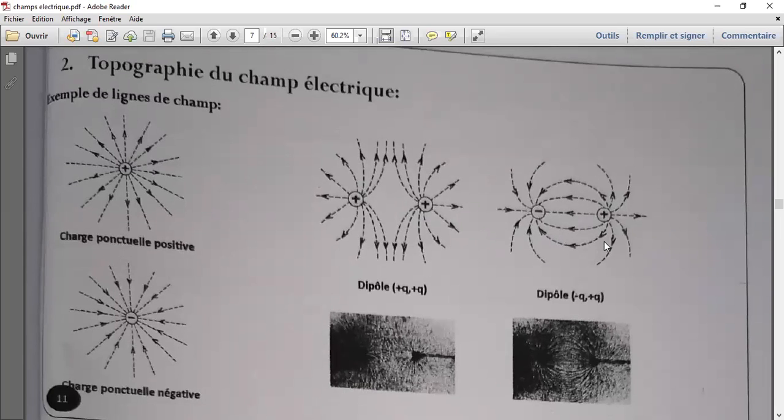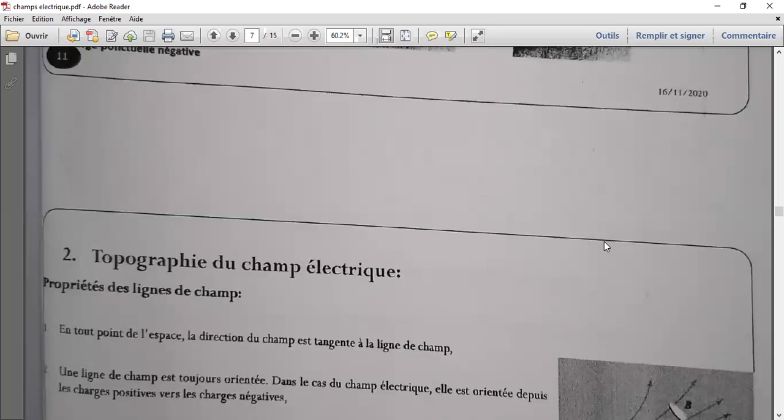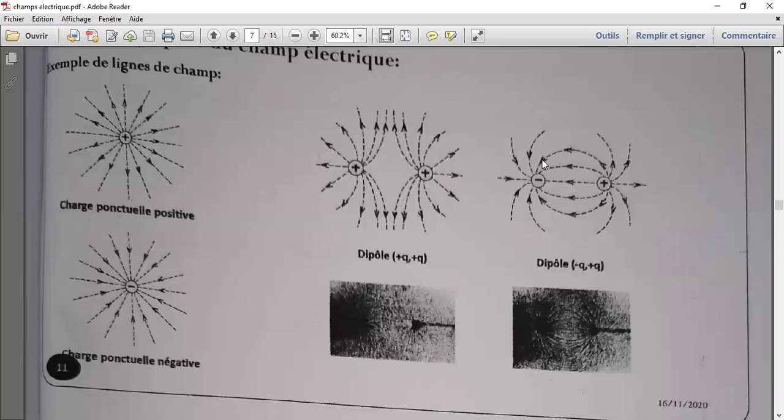For a positive, it is oriented from inward, going outward. Then for a negative, we see it going from outward, going inward into the charge. So this is how it is oriented.